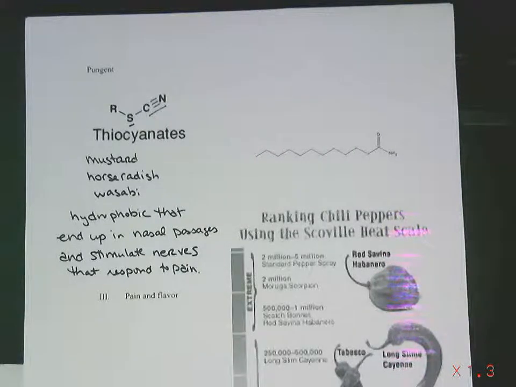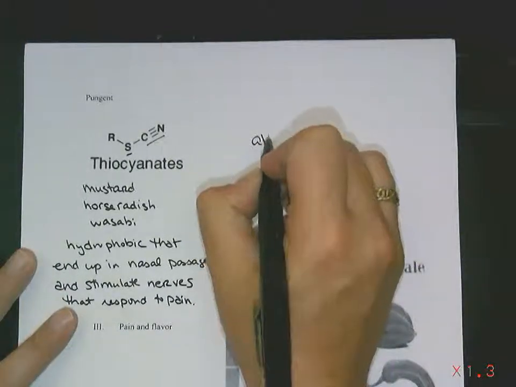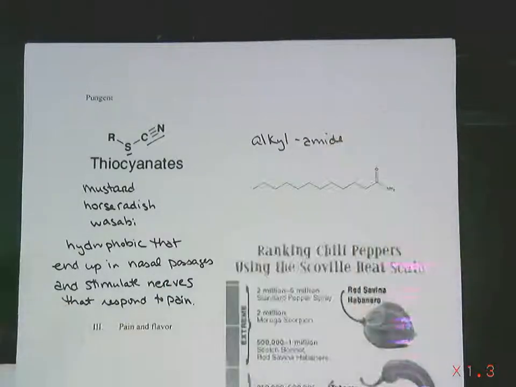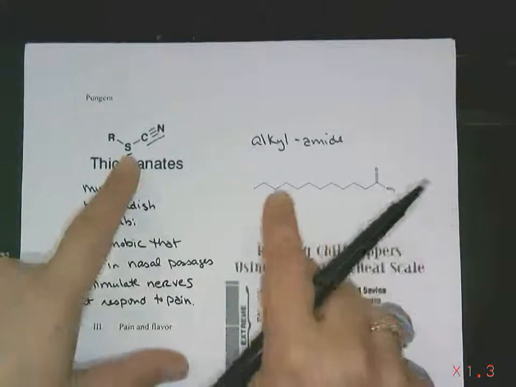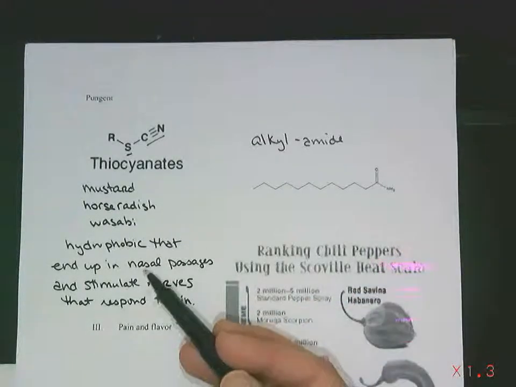The other one, this molecule over here, is an alkyl amide. You can see the difference between these, right? This is much longer, it's going to be heavier, and it's not going to be able to travel to the nasal passages like the thiocyanates.